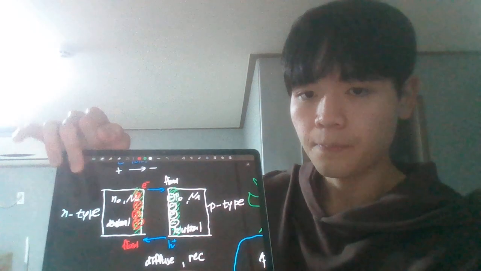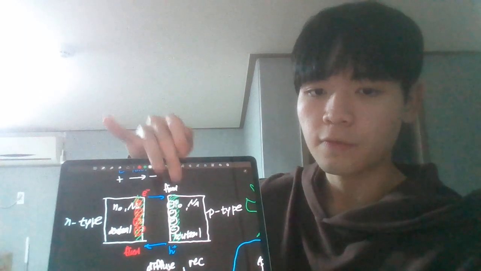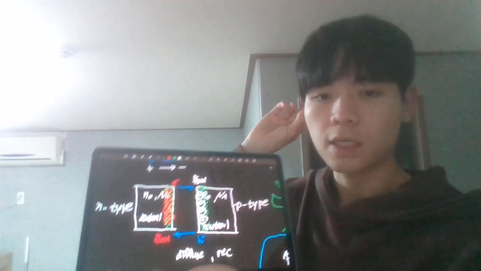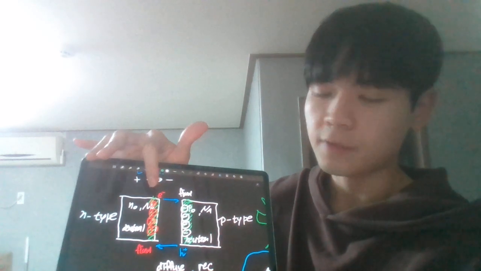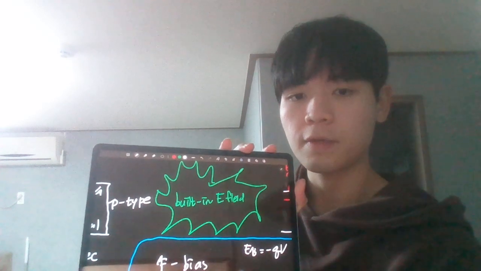And for the p-type, it is a minus fixed charge, because only acceptors remain. And because it is plus and minus fixed charge, it makes an electric field, in this case from the left side to the right side, and we call this electric field the built-in electric field, which is very important.